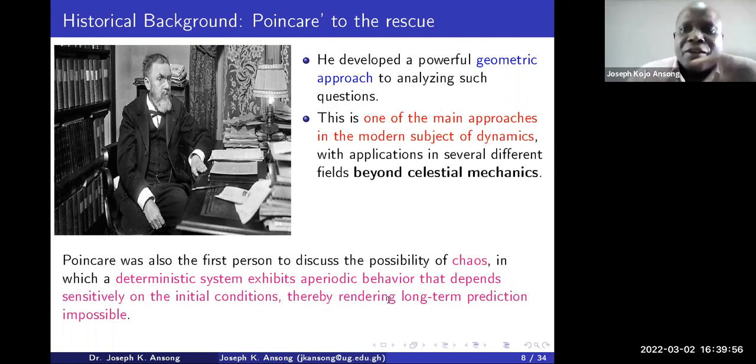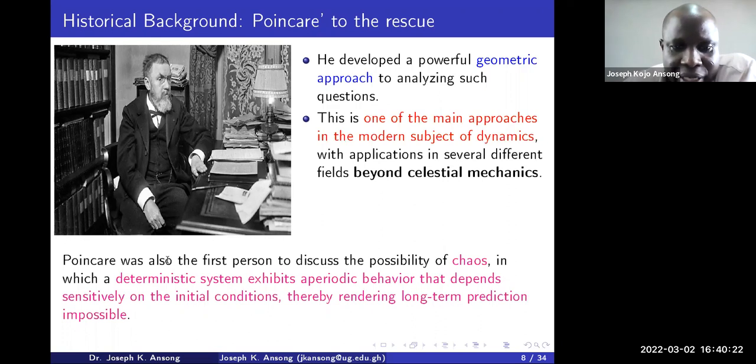I don't even look at the orbits of planets, right? I apply this to different areas. Of course, my area of interest is fluid dynamics, and I'm interested in mathematical biology and biological systems as well. But his ideas have gone beyond celestial mechanics.